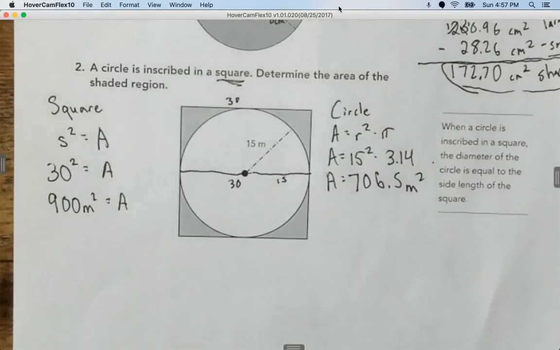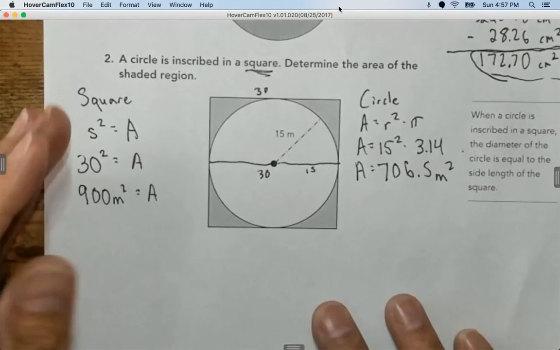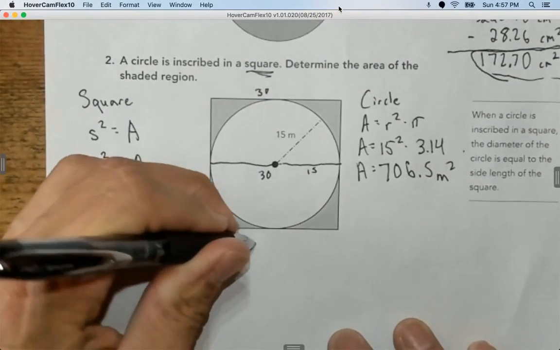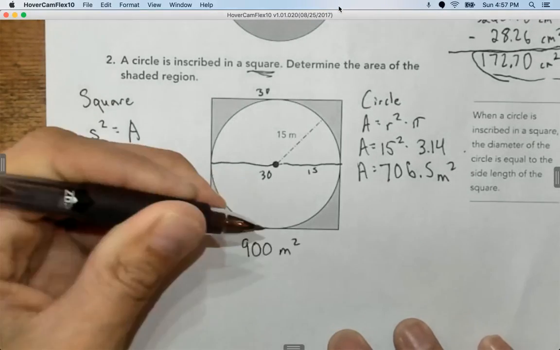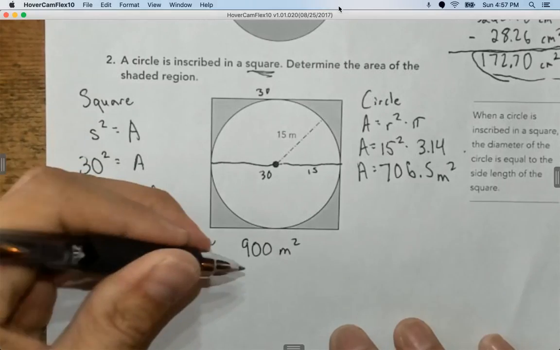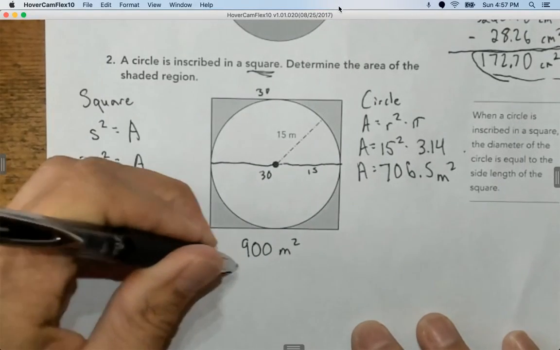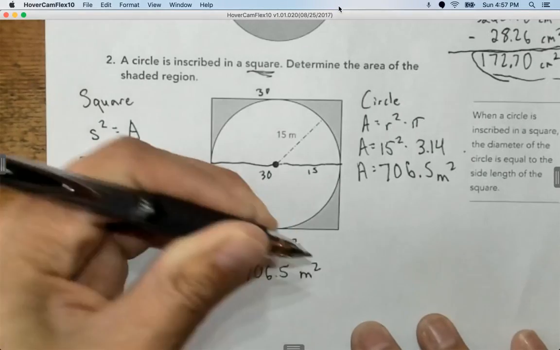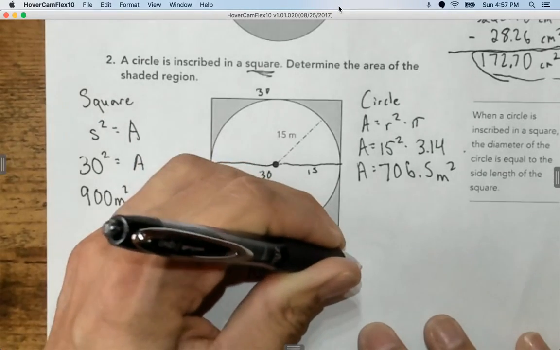And now, just like with the last problem, I take the whole amount, the square part, because that was what was shaded in. Then I take away the part that's not shaded in, in this case the circle.